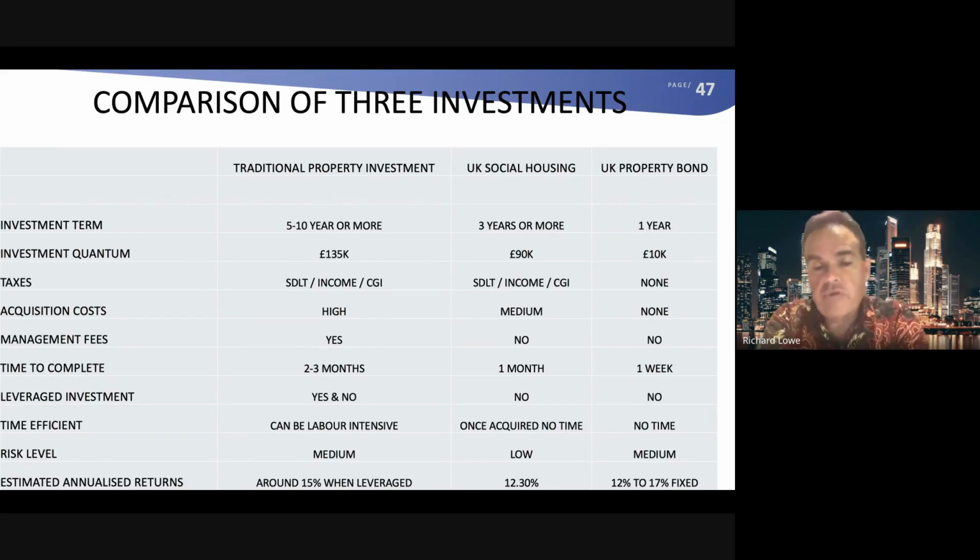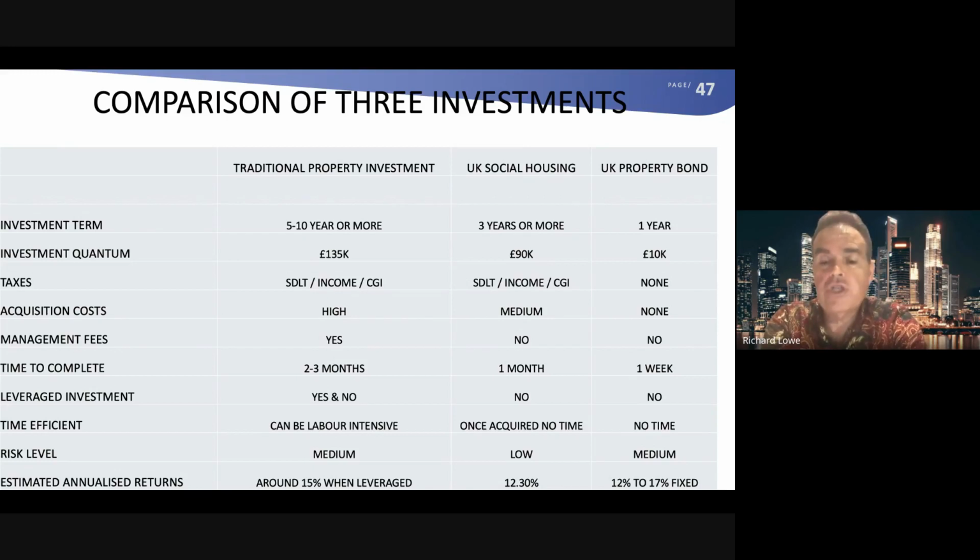But that's when it's leveraged at about a 70% loan to value. If you were buying the property 100% in cash, then that return would drop down to about 5 to 6%. So we can see the power of leveraging and using bank financing to increase your annualized returns.